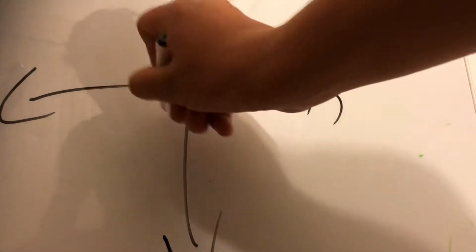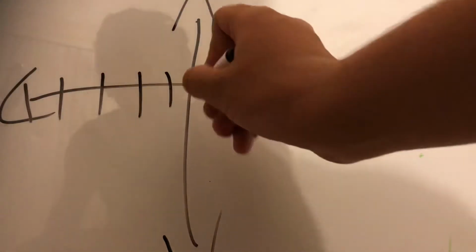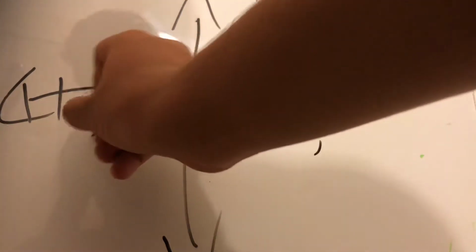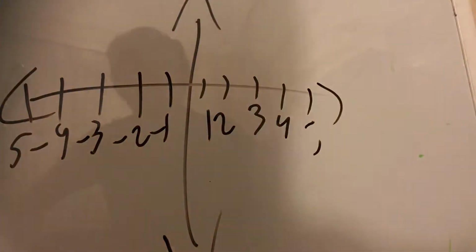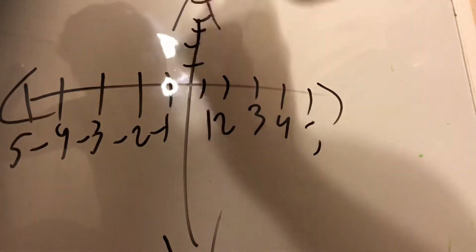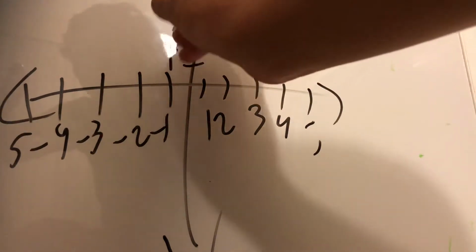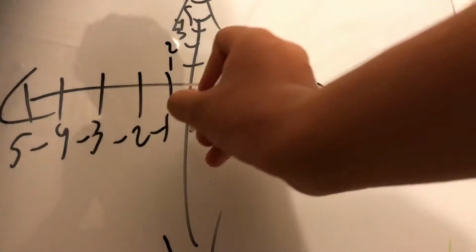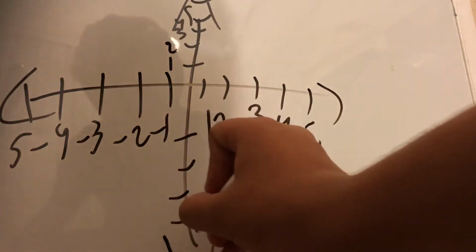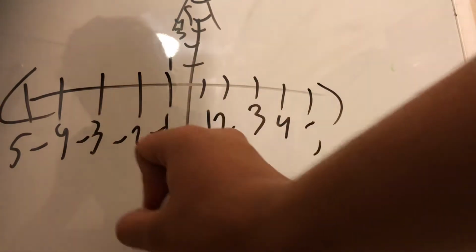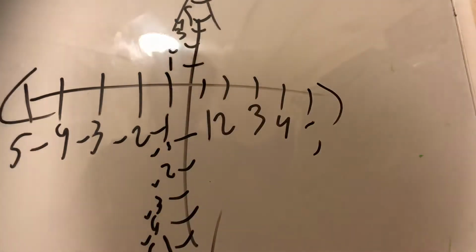So I'm gonna draw some points: 1 2 3 4 5, and negative -1 -2 -3 -4 -5 on each axis.